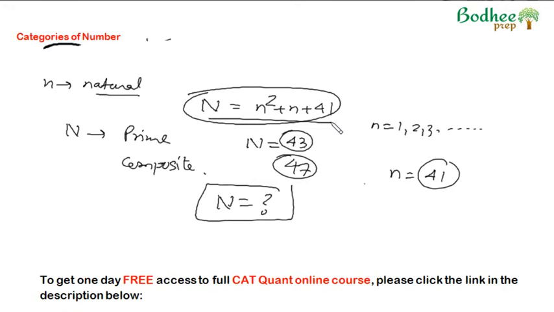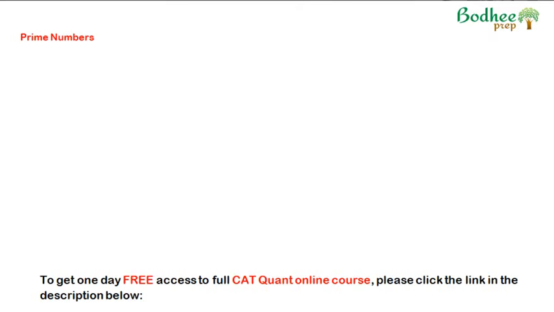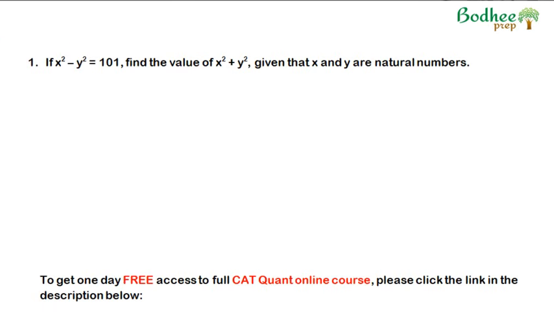Let me, without wasting time, directly come down to the questions based on the concept of prime numbers. So let me take the very first question. This is the first question, which says that if x square minus y square is 101, then we have to find the value of x square plus y square, given that x and y are natural numbers.